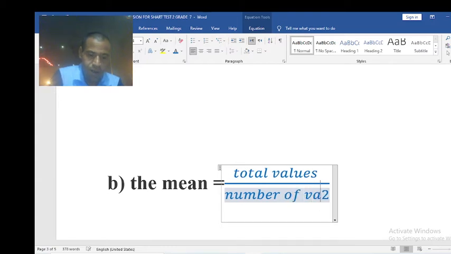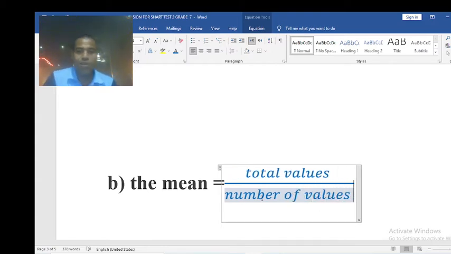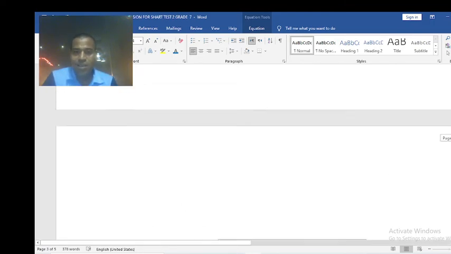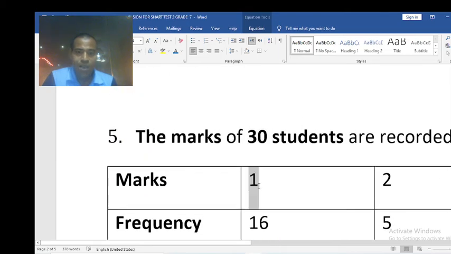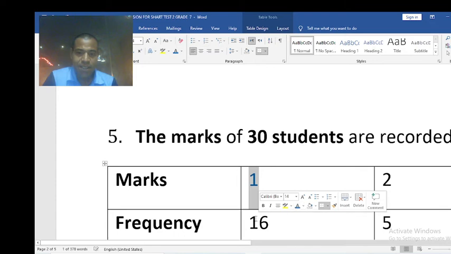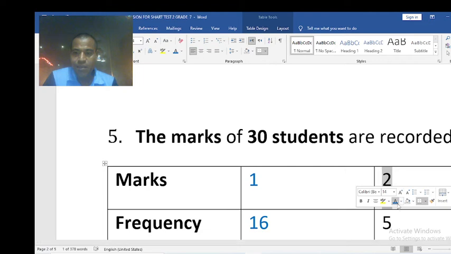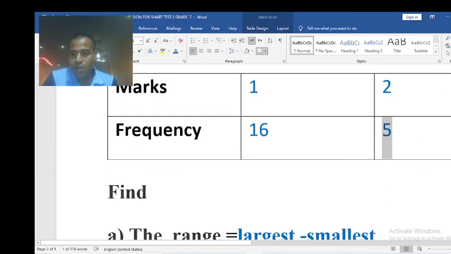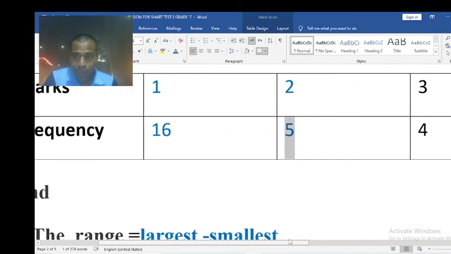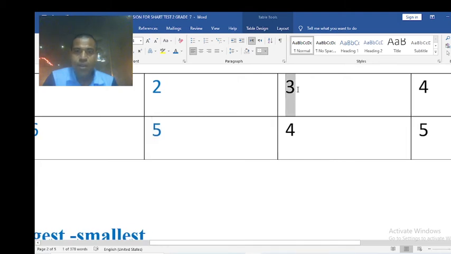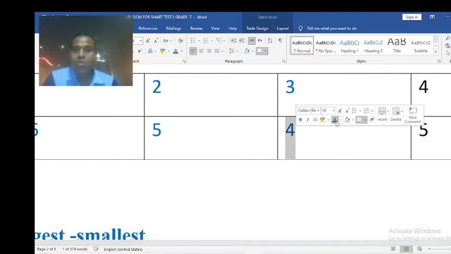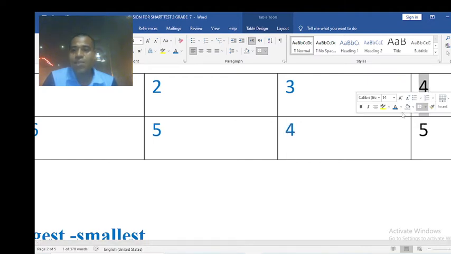So here you should multiply 1 by 16, then plus 2 multiplied by 5, then 3 by 4, then add the last one, which is 4 multiplied by 5.